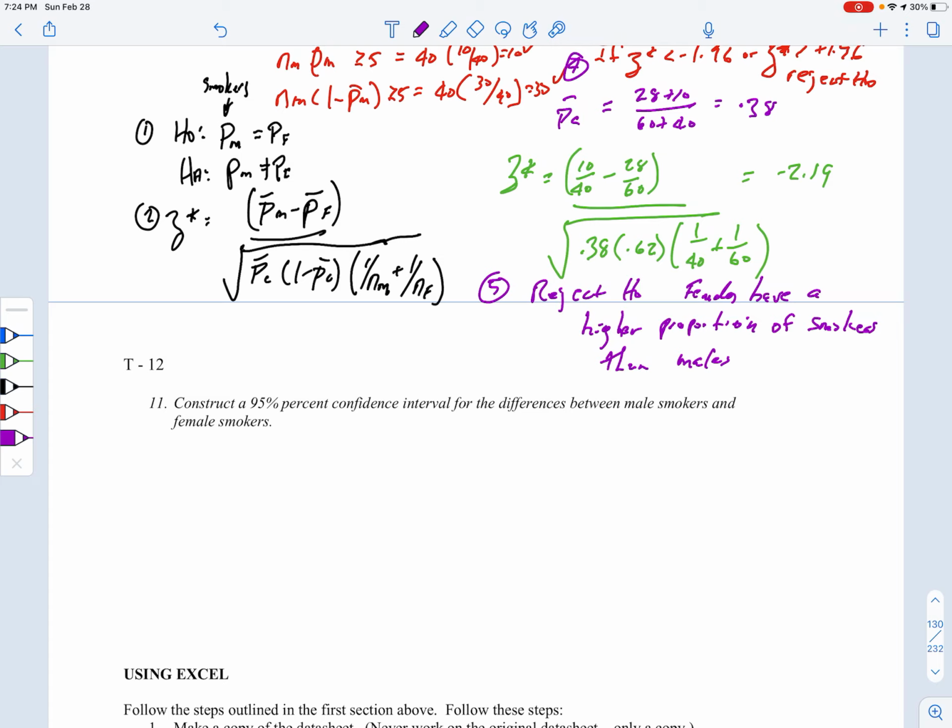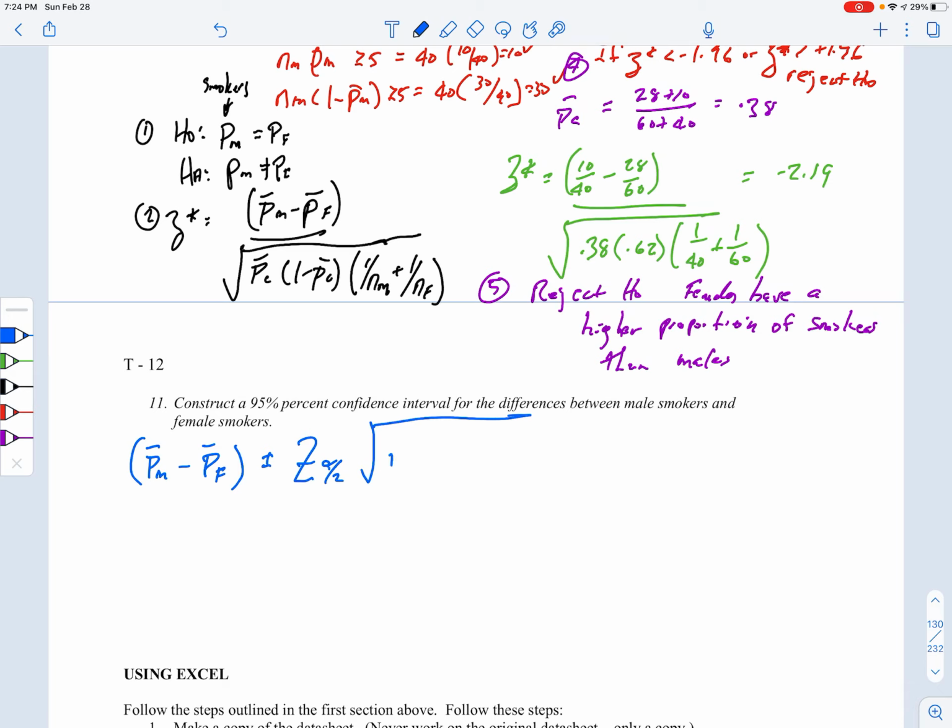All right, let's build the confidence interval. And it's on the next page here. So we're going to take the PM bar minus the PF bar, like that, plus or minus the Z alpha over 2 value, which is just the 1.96.